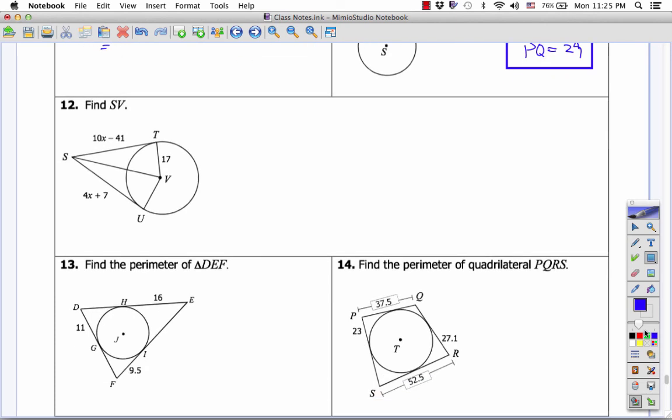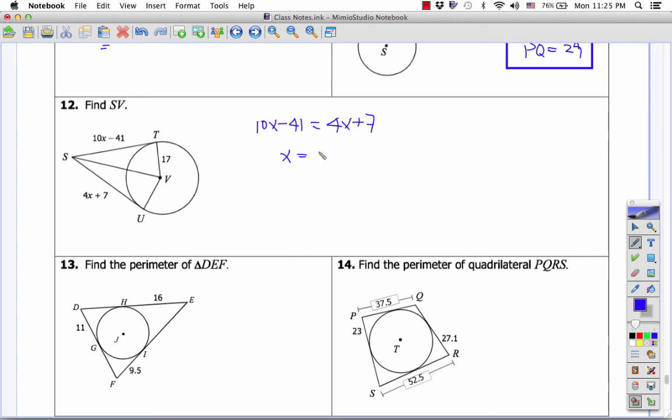Now let's look at 12. Not a lot of information is given, but it certainly looks like an ice cream cone, right? As abstract as it may seem. So let's see. We've got tangent lines here, ST and SU, and we've got an ice cream cone situation. So we can easily set it up as 10x minus 41 should equal 4x plus 7.